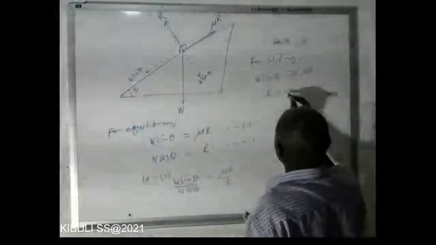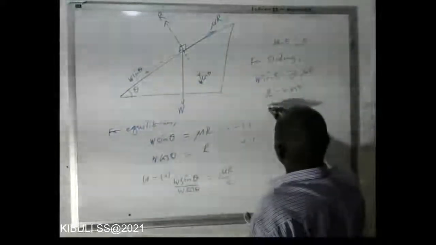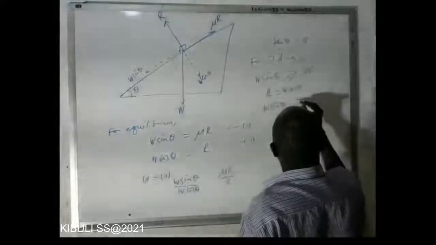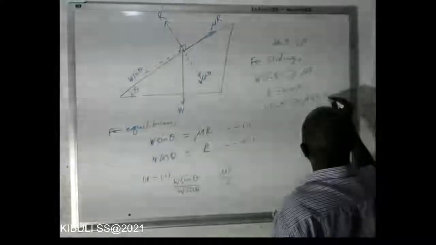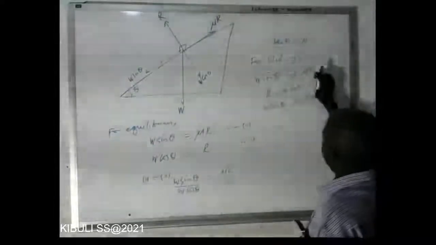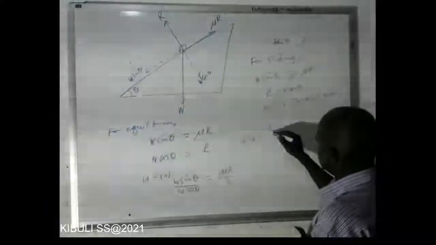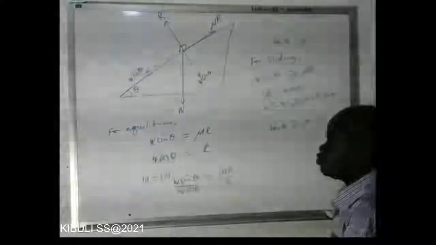R is equal to W cos theta. So this means that W sine theta must be greater than or equal to mu times W cos theta. Remember, R is W cos theta. So therefore, again, tangent of theta must be greater than or equal to mu.